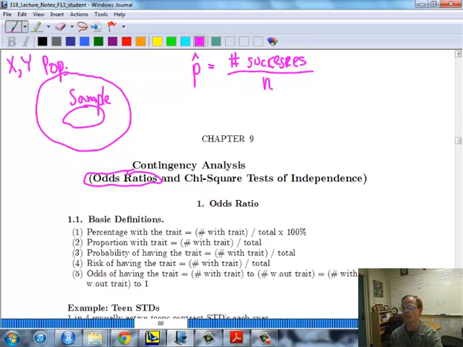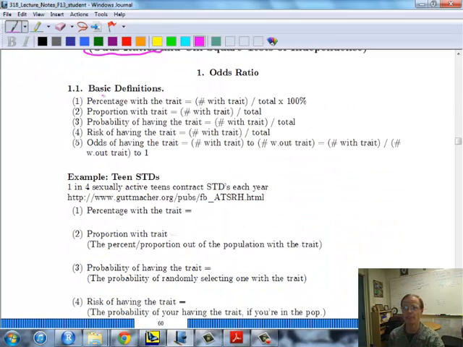Now, briefly, let's look at these basic definitions. There's 5 of them, and I want to assert to you that the first 4 are mathematically identical: percentage, proportion, probability, and risk. The only one that's different is odds. How so?